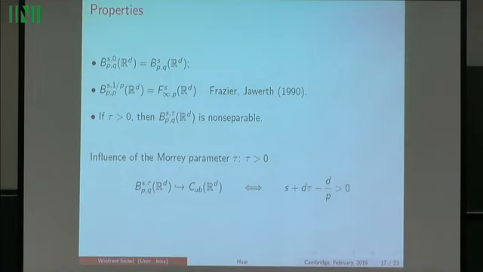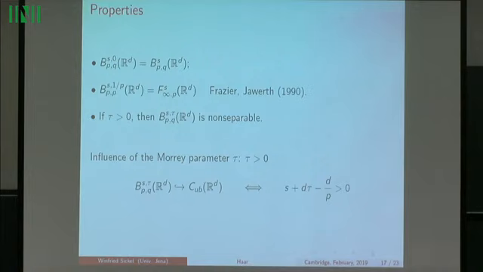Another interesting feature is if you choose the Morrey parameter equal to 1 over p and p equal to q here, then we end up with the Triebel-Lizorkin spaces with p equals infinity. This is a result by Frazier and Jawerth in their fundamental paper from 1990, without knowing that those spaces existed.